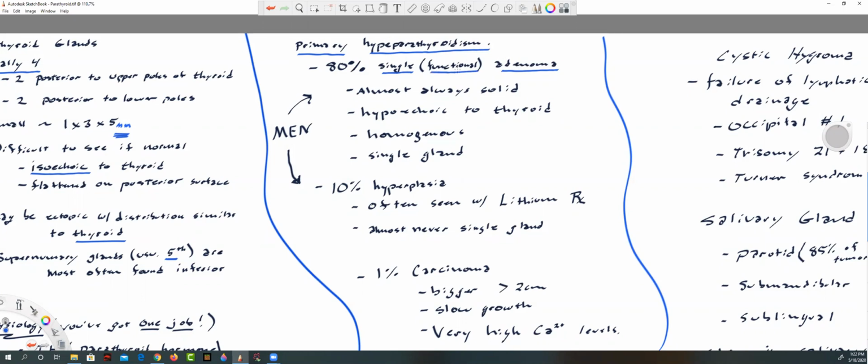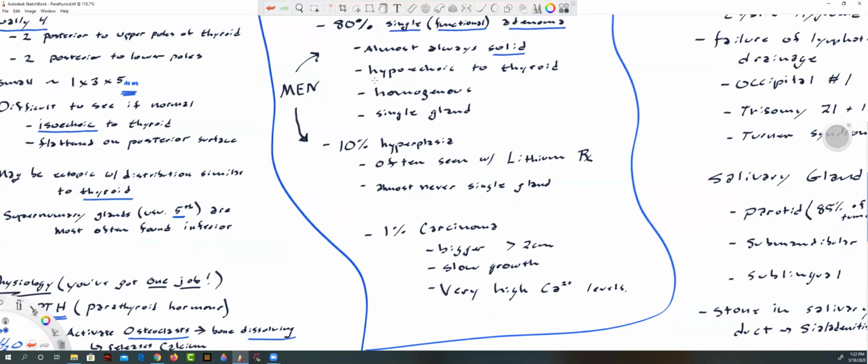Some adenomas are not functional. So you might have an adenoma that is a total incidental finding because the person did not have hyperparathyroidism or hypercalcemia, as it were. Adenomas are almost always solid. They only have cystic degeneration perhaps when they're very large. They tend to be hypoechoic to the thyroid.